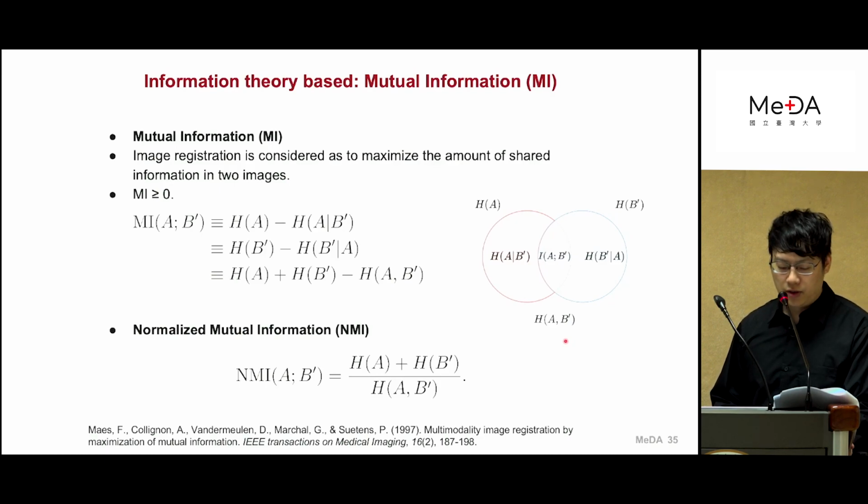The mutual information I of A B prime is represented by the overlapping region. From the information aspect, a larger mutual information value indicates a greater amount of shared information between the two images.